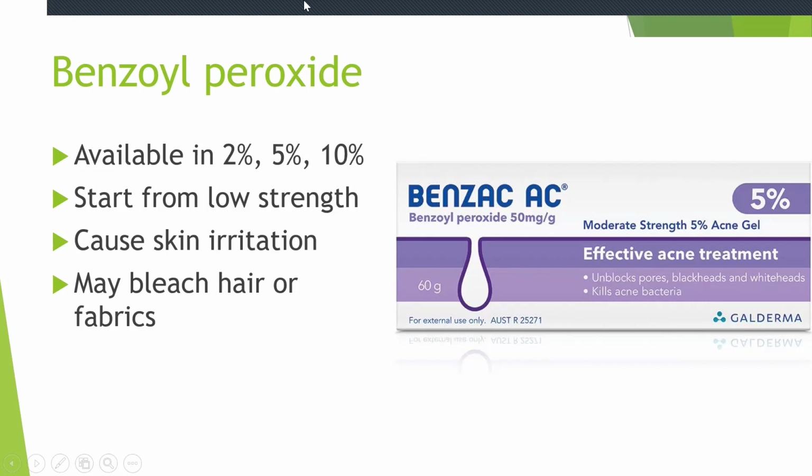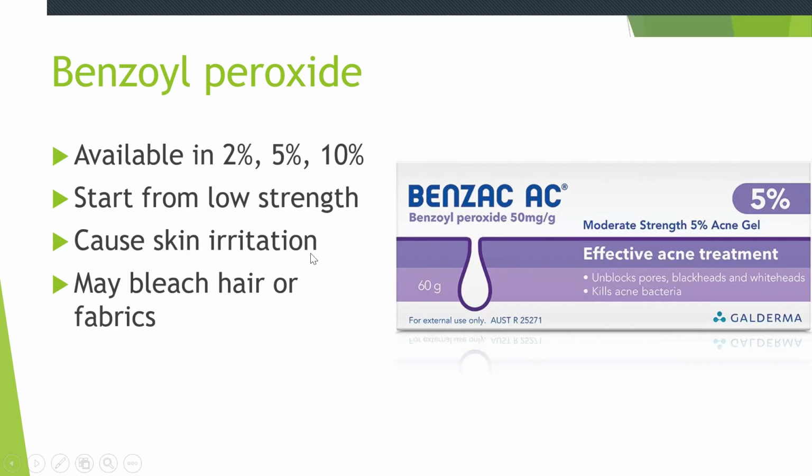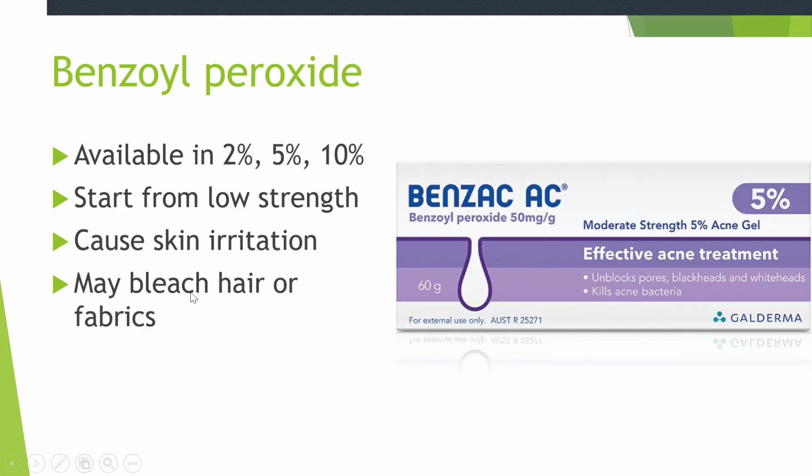So you can see the principle here. I repeat that again: you start from lower strengths, and this cream can cause skin irritation. So you have to mention to the patient that if the irritation is quite severe, maybe stop using it or use it less frequently. And also, because this cream has peroxide in it, it can bleach your hair or fabric.